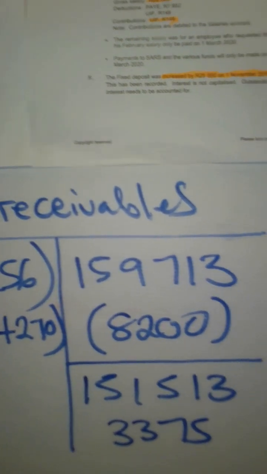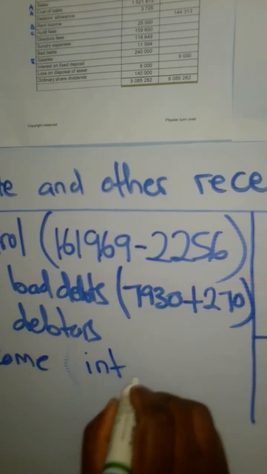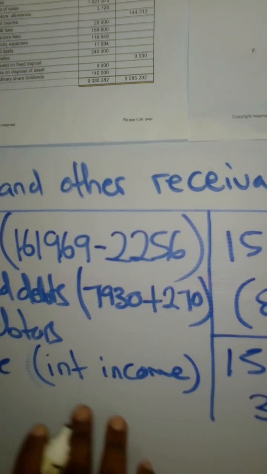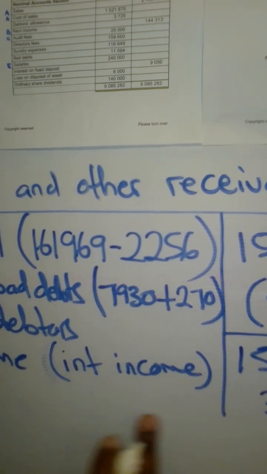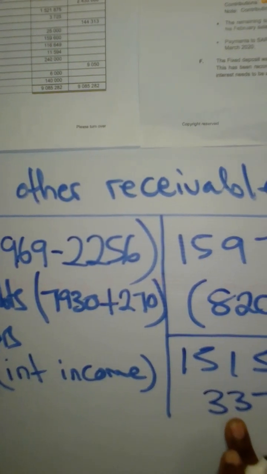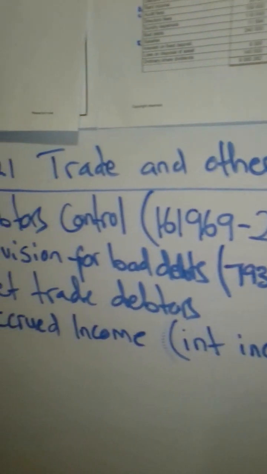So what you simply do is to go back to the note for interest income. You go back to the adjustment that we did for the interest on fixed deposit, and you'll be able to get this 3,375.